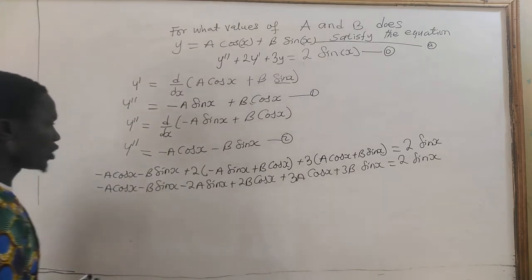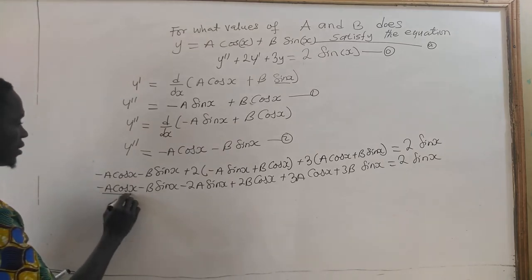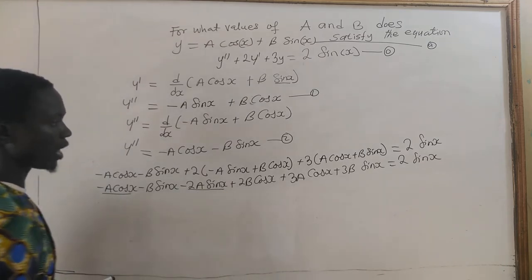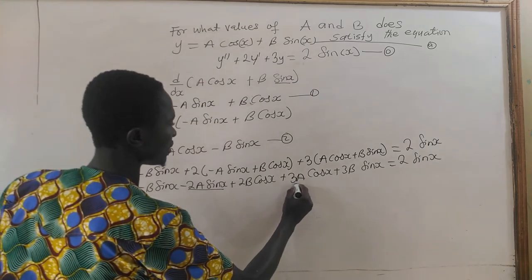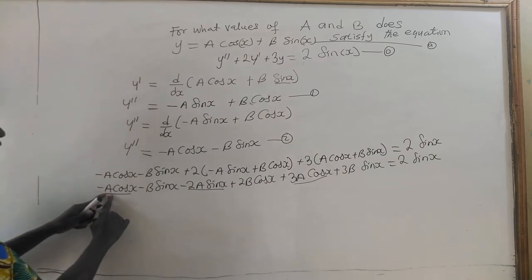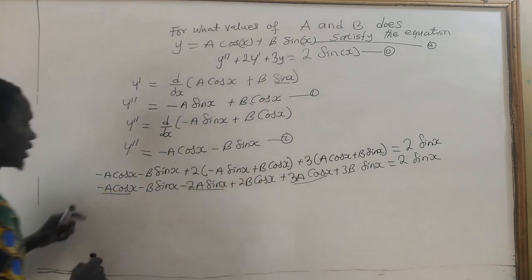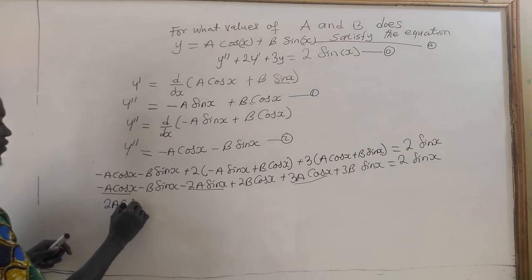Okay, so here I'm going to take the A terms out. Wow, it's very simple here. So it's very good for us to go. I'm going to have negative A plus 3A cosine of x. That will give me 2A cosine of x.